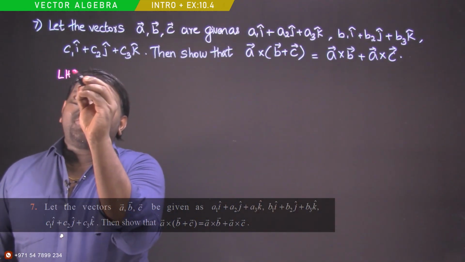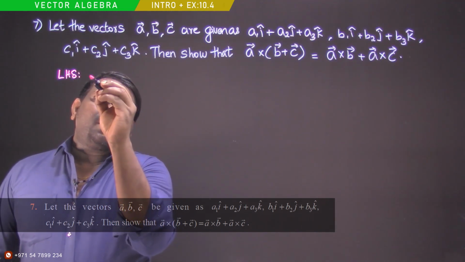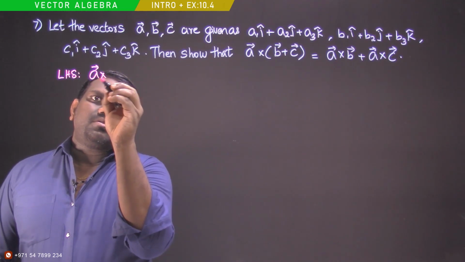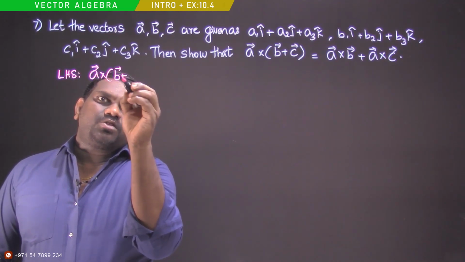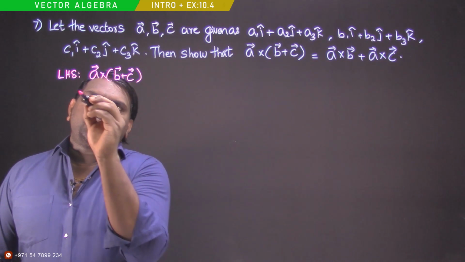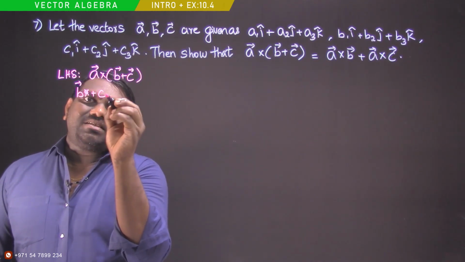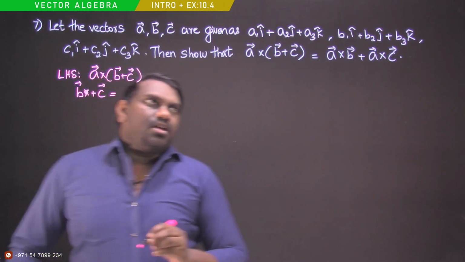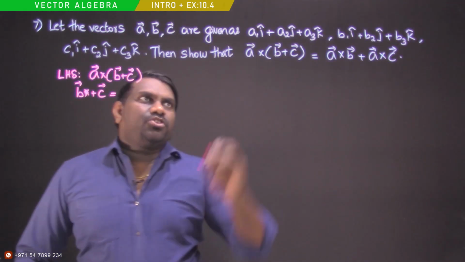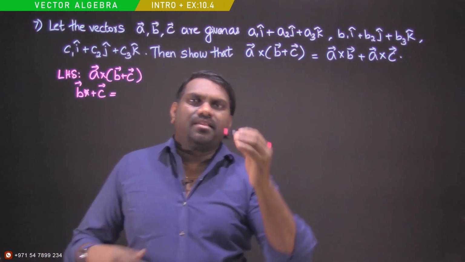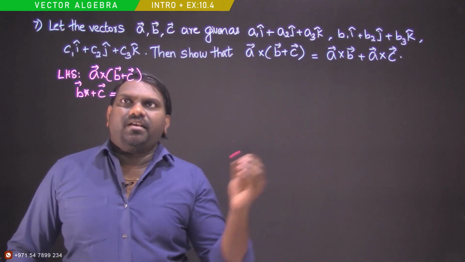First see what is LHS here. LHS is A cross (B plus C). So first we will find B plus C. For vector B plus vector C, we simply add the coefficients of i, j, k separately.